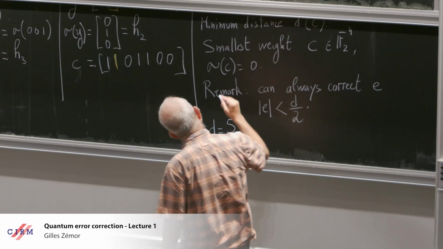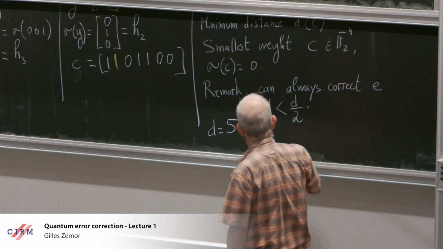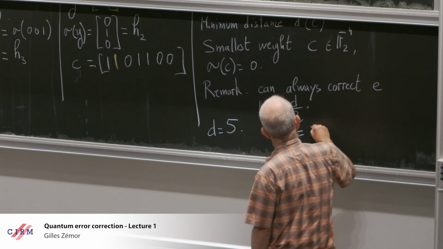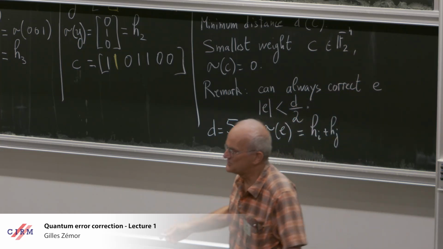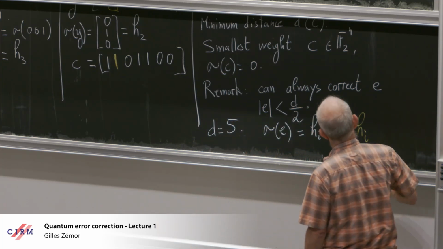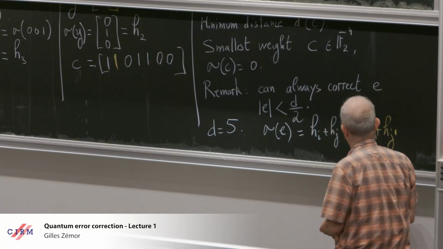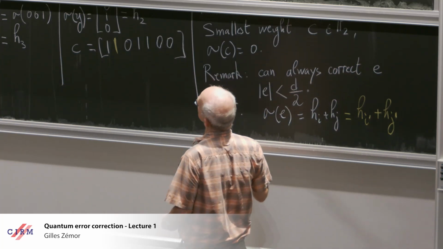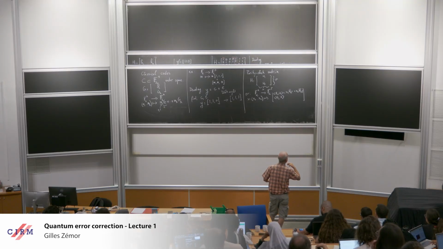So why, you can see it on an example. Suppose you have minimum distance 5, you want to correct 2 errors. What does it mean? It means you want to write the syndrome of your error as a sum of 2 columns. Now, suppose there were 2 ways to do this. Suppose this could also be written as H i prime plus H j prime, for example. Then put all this on the left.